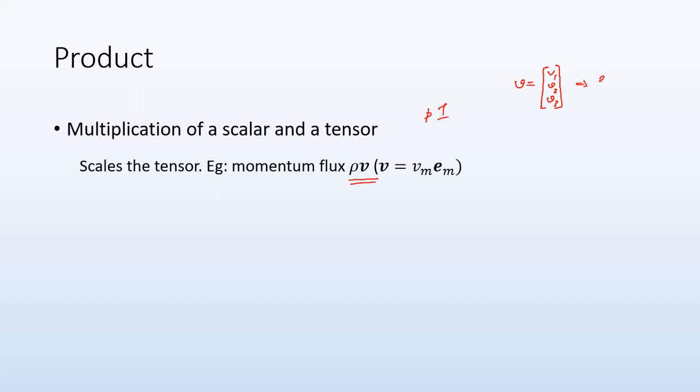Then rho V will be simply rho V1, rho V2 and rho V3. Similarly, in the previous case we discussed, the P I will be nothing but P, 0, 0; 0, P, 0; 0, 0, P, because I is an identity matrix.